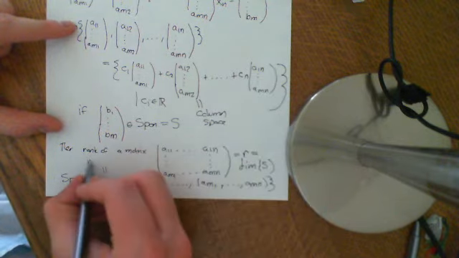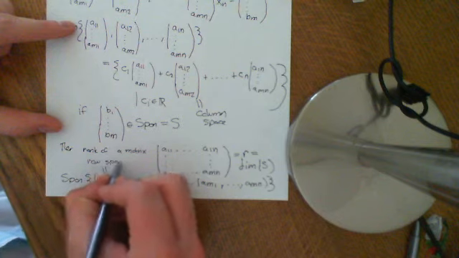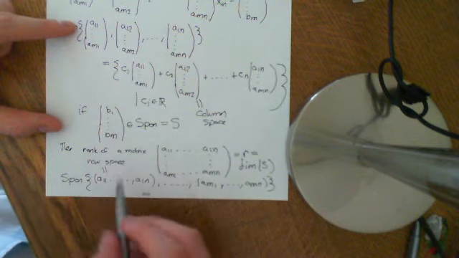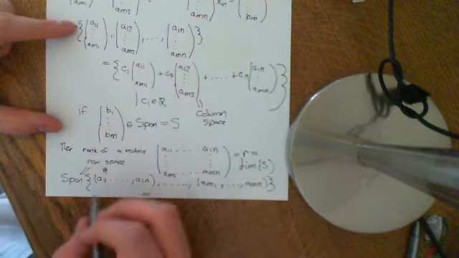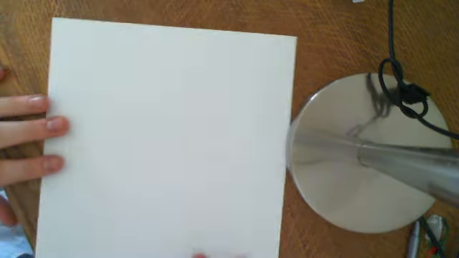The span of these vectors is the row space, I should say. It's again all linear combinations of these where the coefficients are real numbers. And a theorem from linear algebra is that the dimension of the row space and the dimension of the column space are the same.